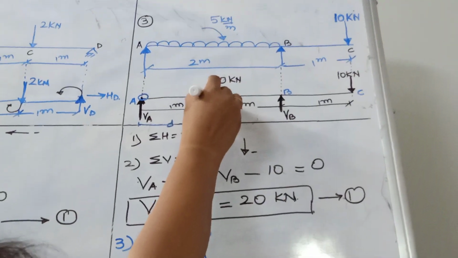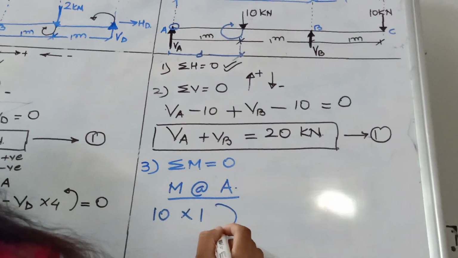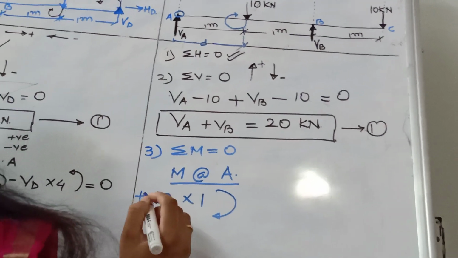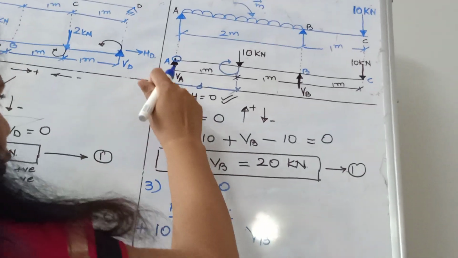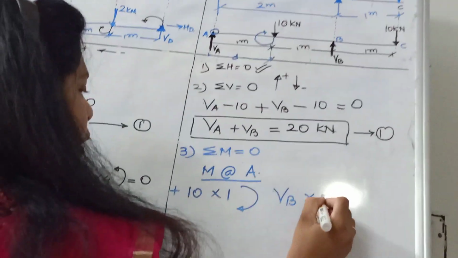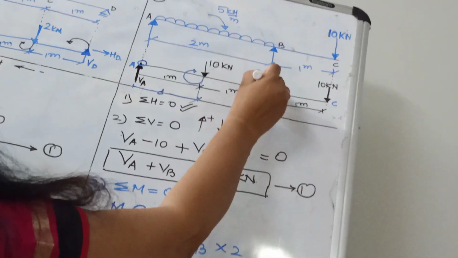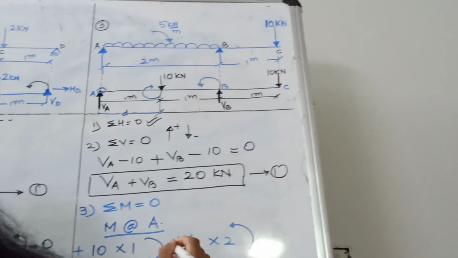How is it rotating? Clockwise. So clockwise positive. Then VB. What is the distance up to point A? 1 and 1, that is 2. How is it rotating? Anti-clockwise. So it will be minus.